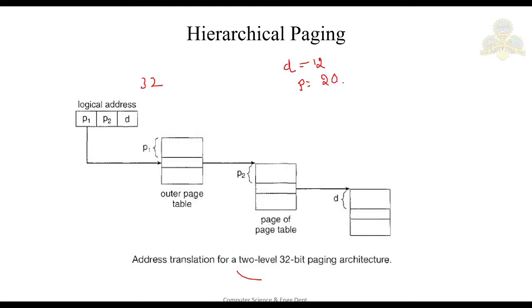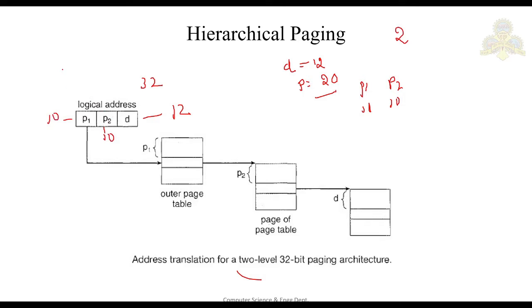As we have to divide the page table into multiple page tables, suppose we divide into 2. Then this p can be divided into two parts, p1 and p2, which are 10 bits each. So your displacement would be 12 bits, p1 would be 10, and p2 will also be 10.